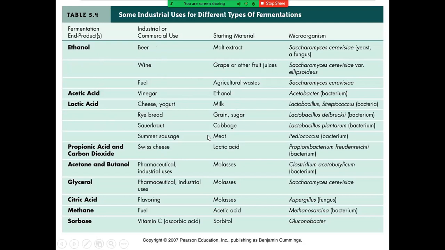I will say there's many bacteria that engage in lactic acid fermentation, and they're showing you some here. For ethanol, it's mainly just yeast, Saccharomyces cerevisiae, which engages in ethanolic fermentation or alcoholic fermentation.